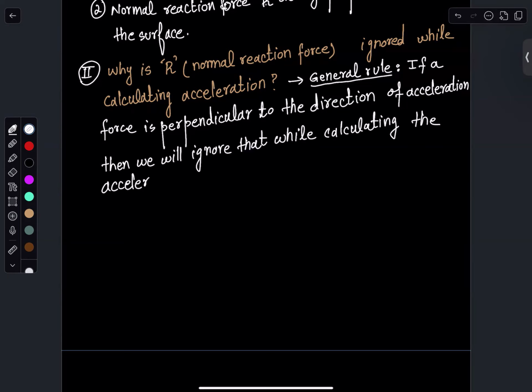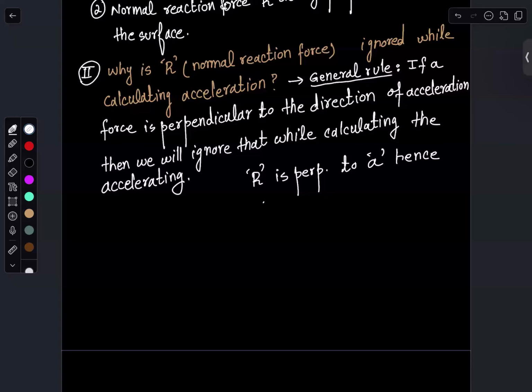So whenever a force is perpendicular to a given acceleration, we will ignore that. तो इस क्वेश्चन का आंसर क्या होगा? R is perpendicular to A, to acceleration, hence ignored.